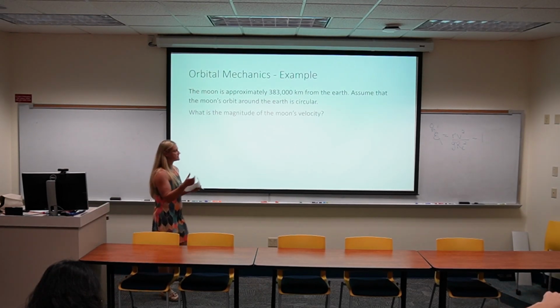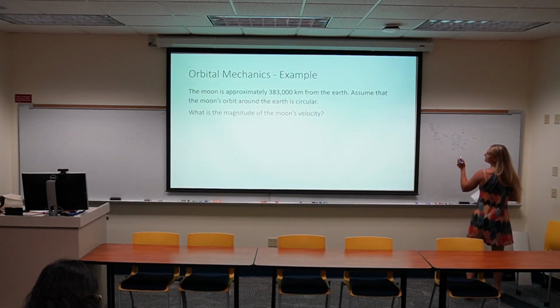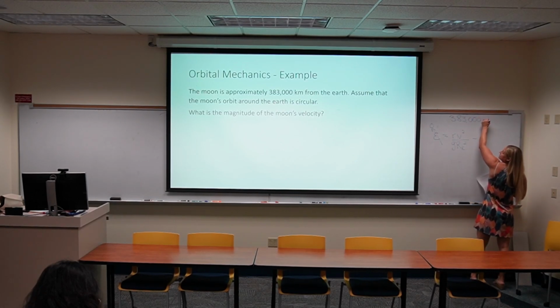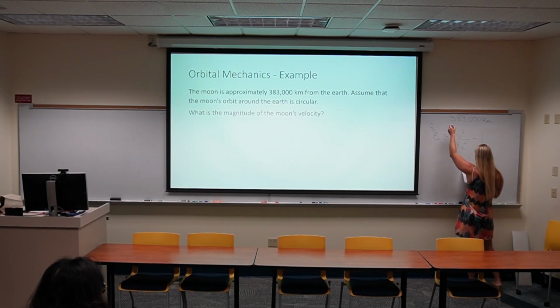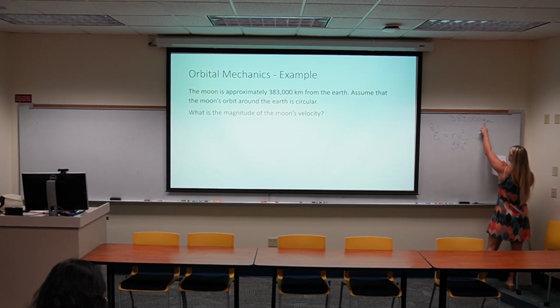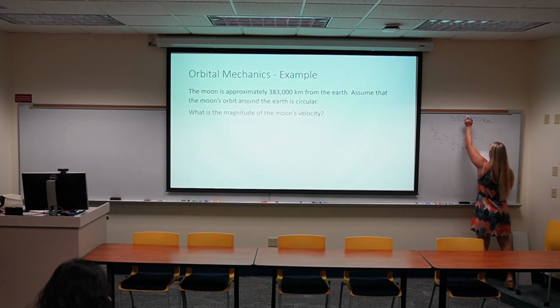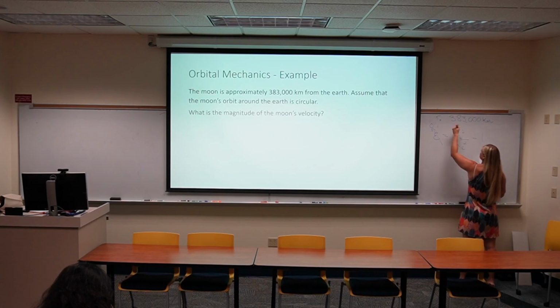Okay, so we know the distance between the two is going to be... and we also know that the radial... actually, we need to put this in just meters, right? Before we calculate. Careful of your units here.